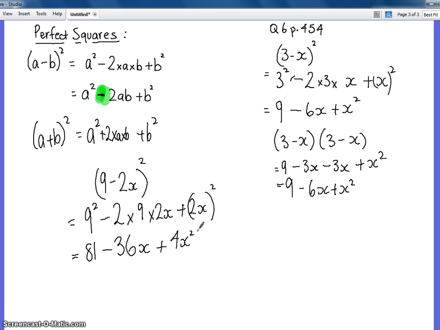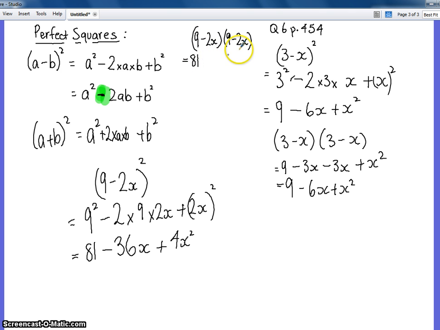Shall we check it? It'd be good to, wouldn't it? Just till we get our confidence. We reckon we solved the issue around here. Let's see if we did. We'll do it up here. 9 take 2x, 9 take 2x, yeah? FOIL says first, 9 nines are 81.